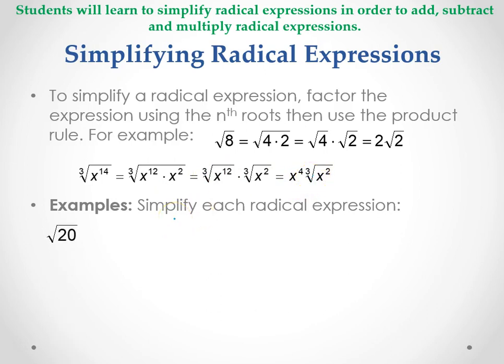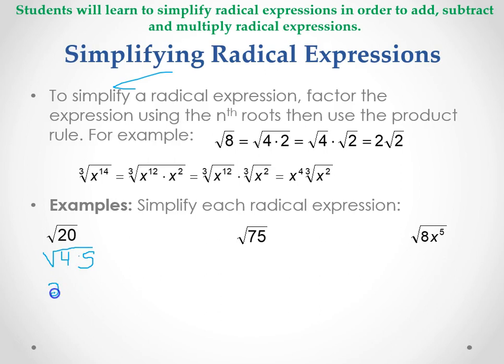So if we're looking for the square root of 20, well, what's a perfect square that divides into 20? 4. So the square root of 20 is really the square root of 4 times 5. What's the square root of 4?